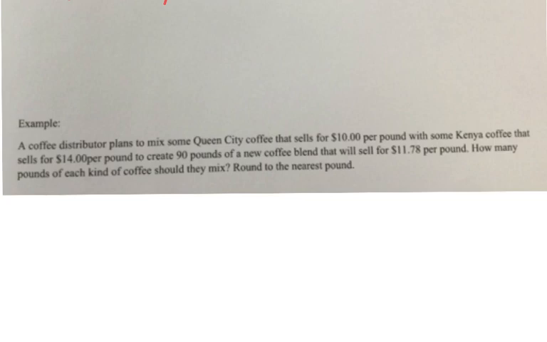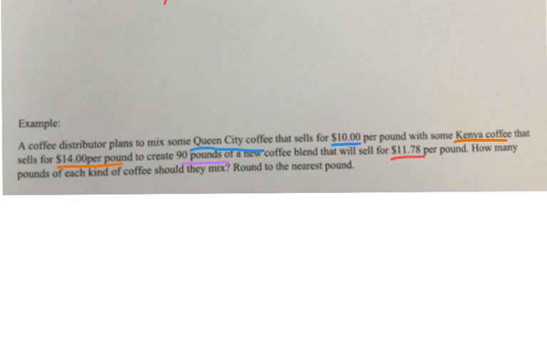A coffee distributor plans to mix some Queen City coffee that is $10 per pound with some Kenya coffee that is $14 per pound. In total, they're going to use 90 pounds of new coffee that will sell for $11.78 per pound. How many pounds of each kind of coffee should they mix, rounded to the nearest pound?